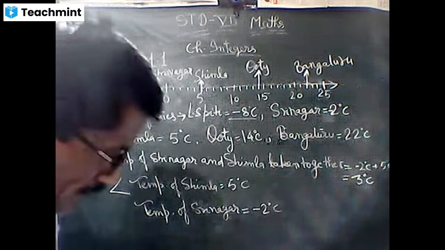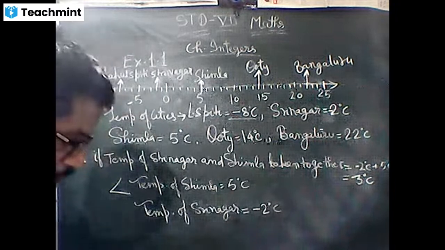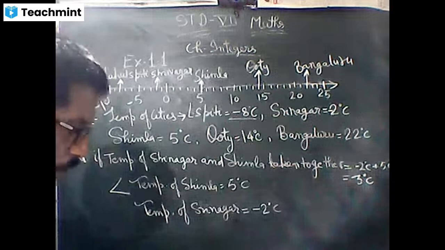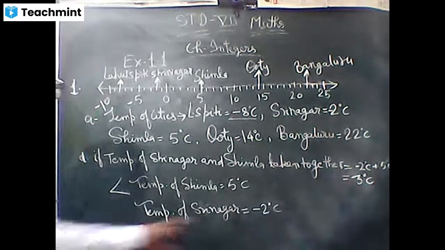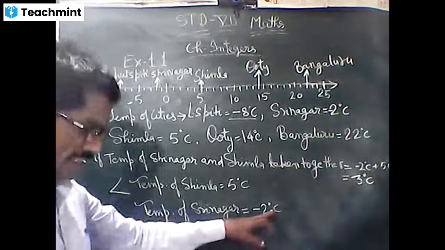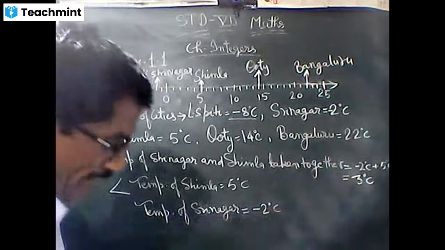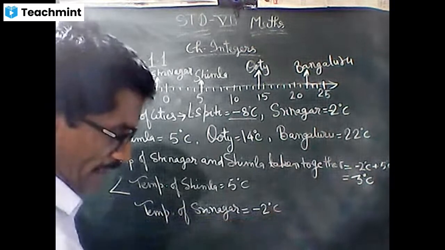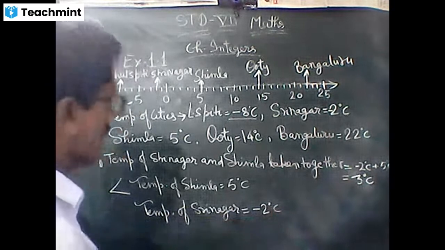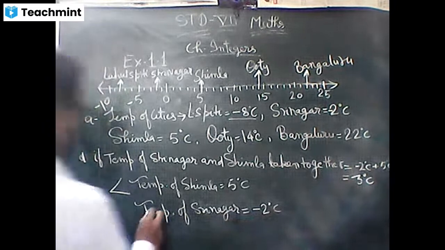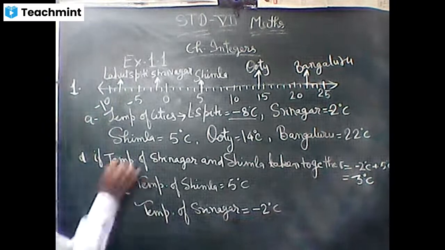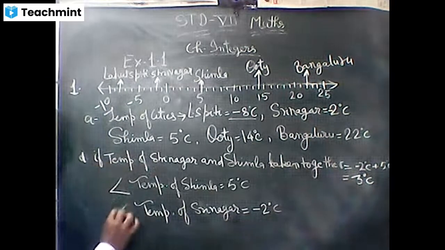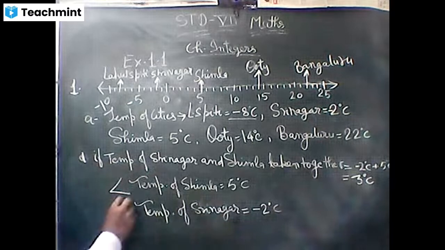Right. So the temperature of Srinagar is -2 degree centigrade. It is also less than the temperature at Srinagar. Means the sum of the temperature is less than the temperature of Srinagar.